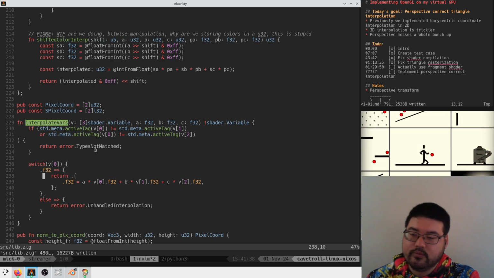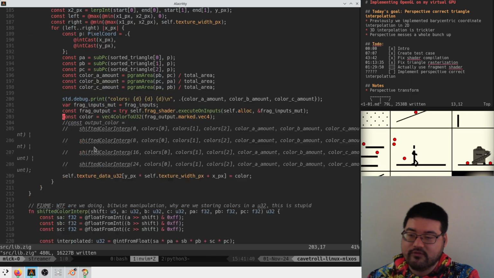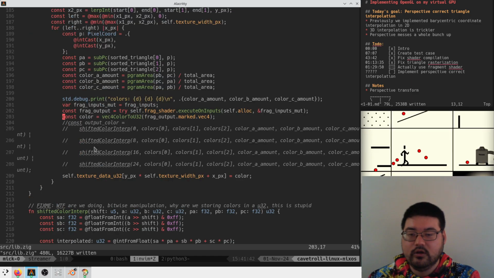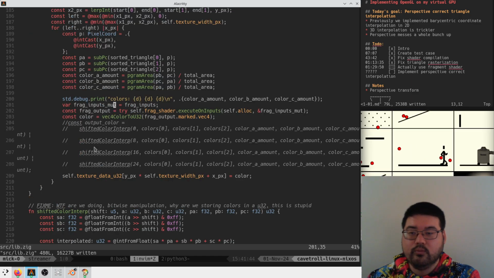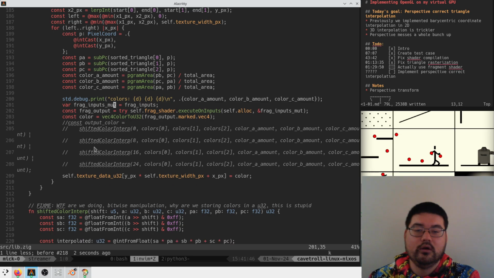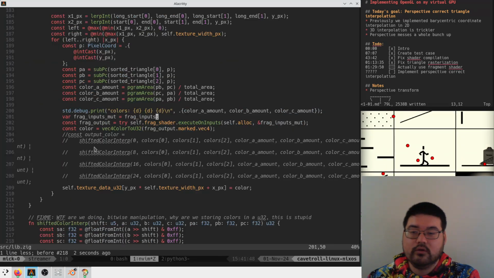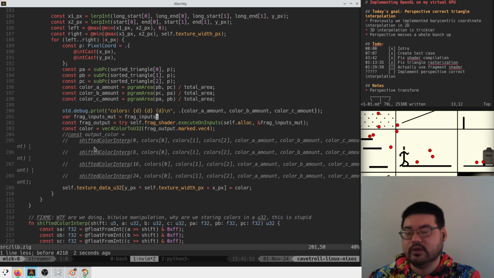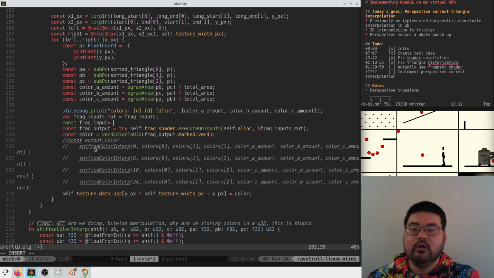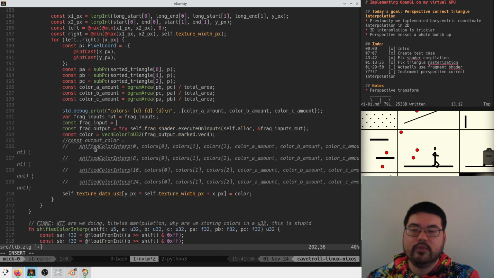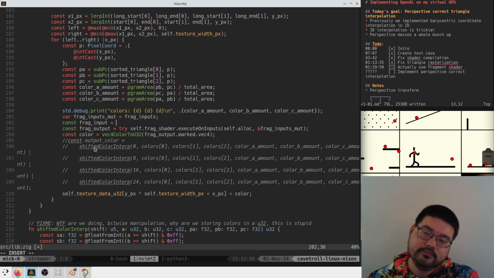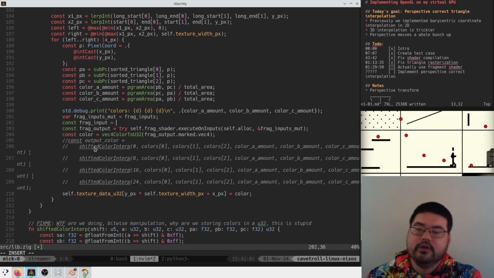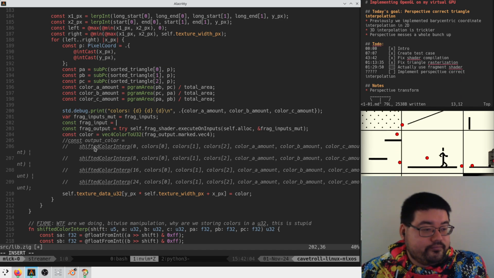For now, which means that wherever we were here, frag inputs is just three shader variables, so we can say, let me think.